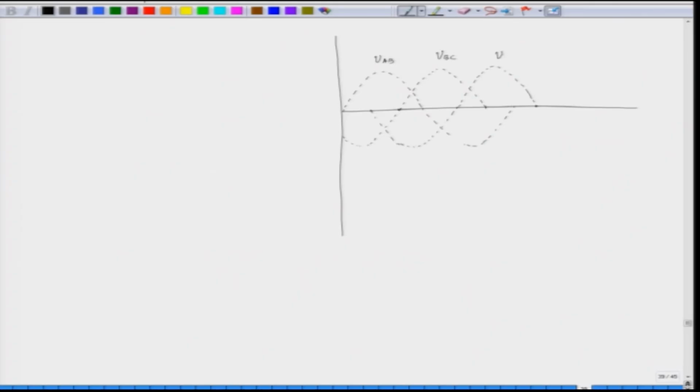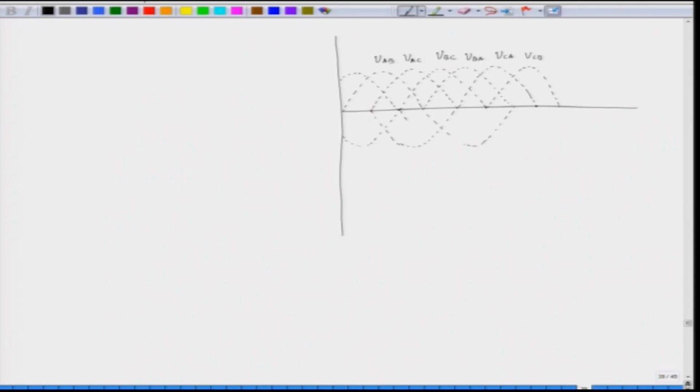And then we also have the inverse of that. So, this voltage is VAC, and then we have the inverse of this voltage, that is VBA, and then we have the inverse of this voltage, which is VCB.